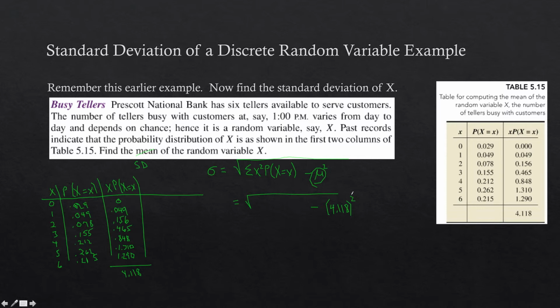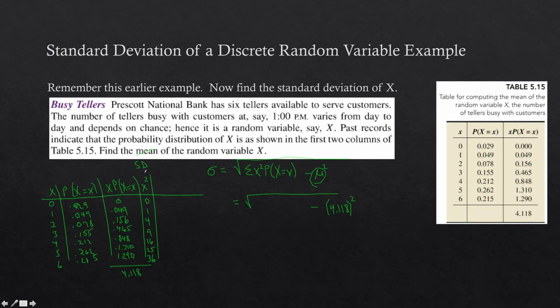The other part that we need to get the standard deviation is the x squared times the probability distribution. So first of all, make yourself an x squared column. And so 0 squared is 0, 1 squared, 2 squared, 3 squared, 4 squared, 5 squared, and 6 squared. So there's our x squared.